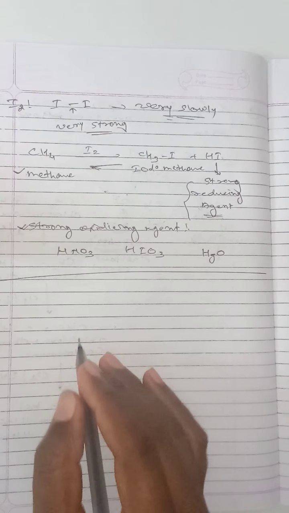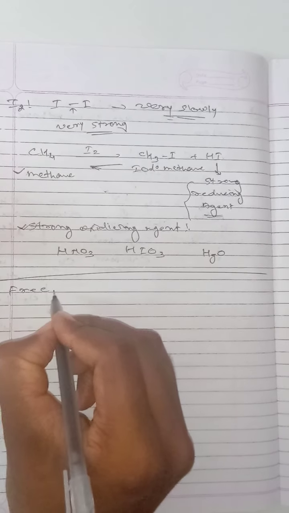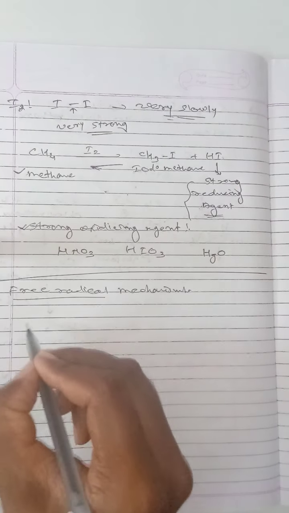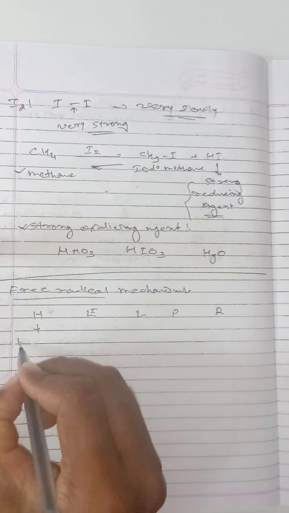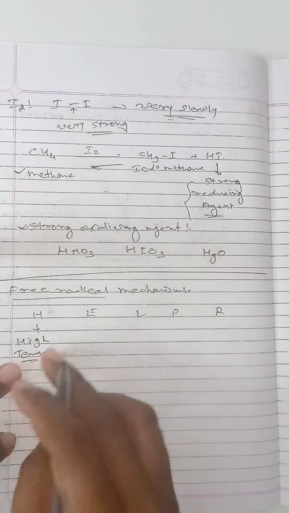Sometimes you will be asked in examination which type of mechanism is carried out. So whenever you have to find free radical mechanism, you need to remember these 5 characters: HELPR, help R. H for heat: suppose a reaction is carried out at higher temperature, the free radical mechanism is carried out.